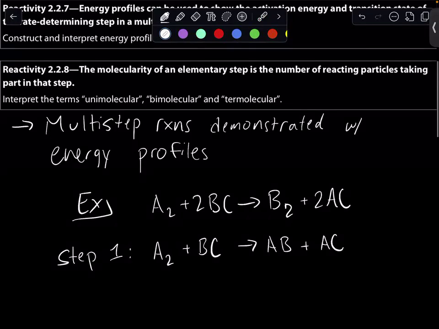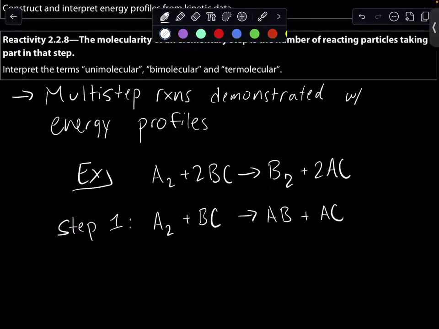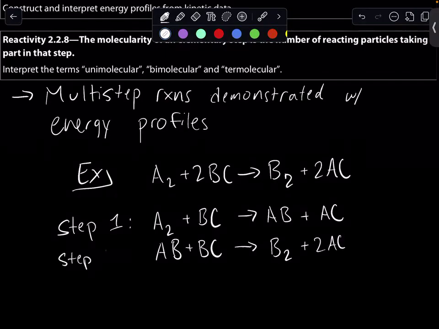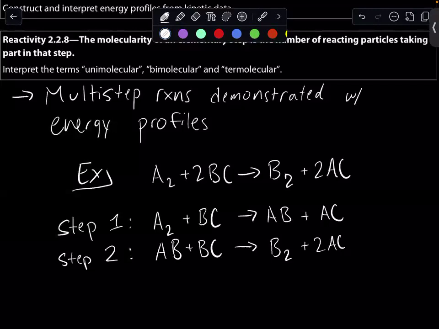Then we'll say step two, we'll take that AB from the previous step as a product plus BC as a reactant, and we can react these to make our B2 plus 2AC.